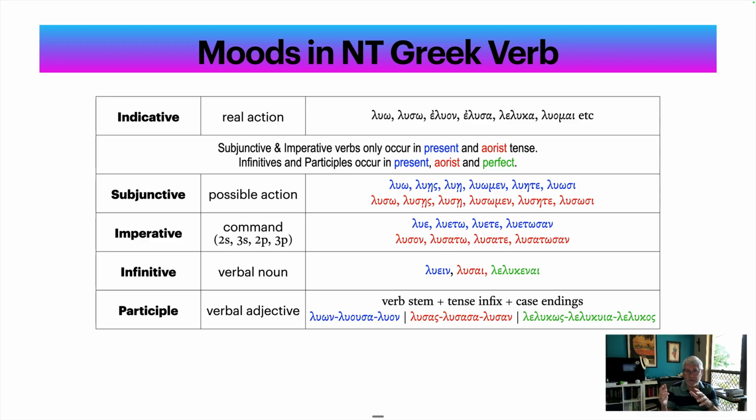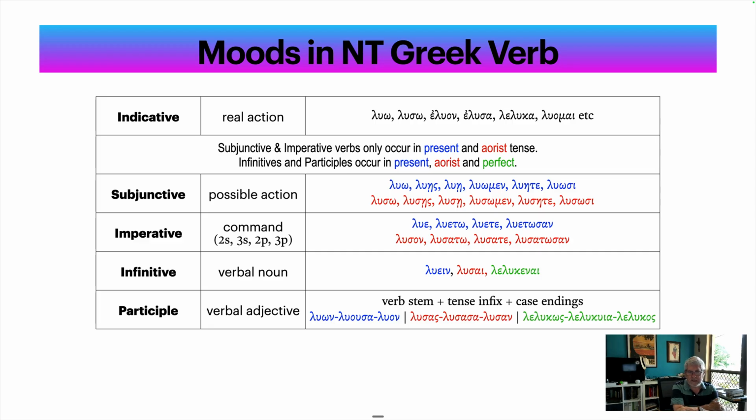This is a form of the verb we'll look at next week, which is going to include nominative, accusative, genitive, dative, in both singular and plural form. And as you can see in the way we write it out in the three forms, participles also reflect gender. So we have masculine, feminine, and neuter. So the way we would learn those or list them is luon, luousa, luon, and then they're going to kind of drop down like a pop-down menu with the different forms.